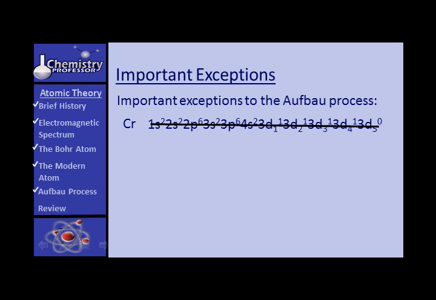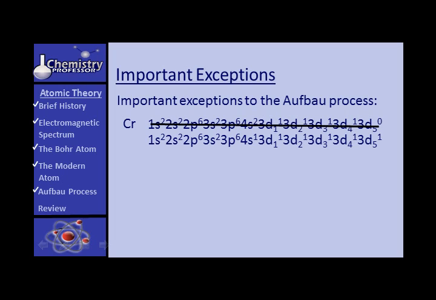Do you remember earlier our having said that atoms tend to be most stable when their shells and subshells are filled, half filled, and empty? Well, look at this. Look at what we've done here on this electron configuration. We have taken an electron from the 4s, and we have borrowed that electron, and we have put it in the 3d.